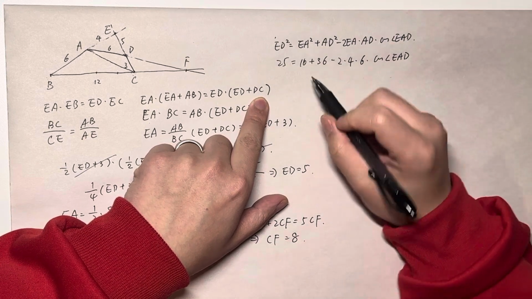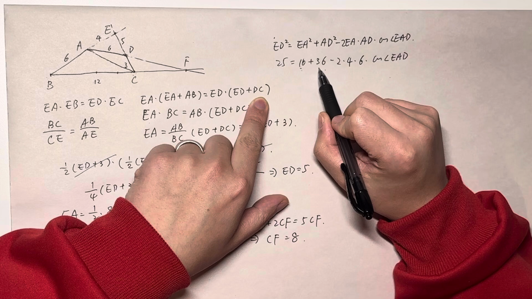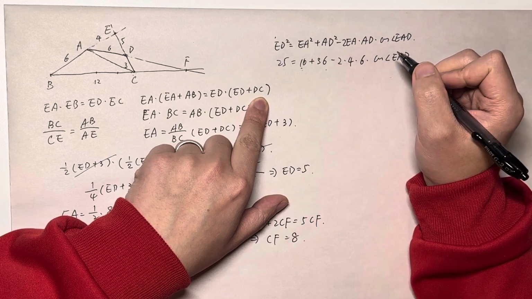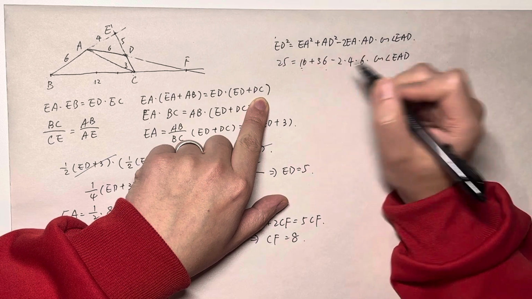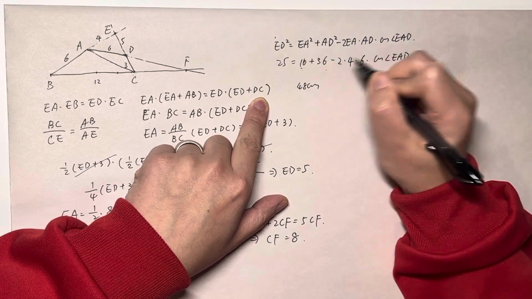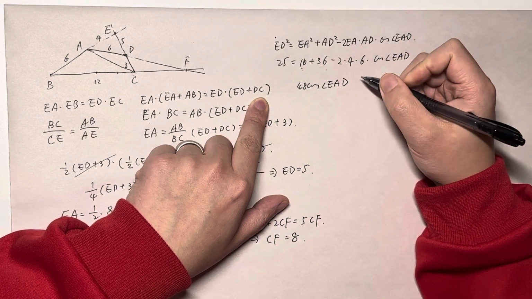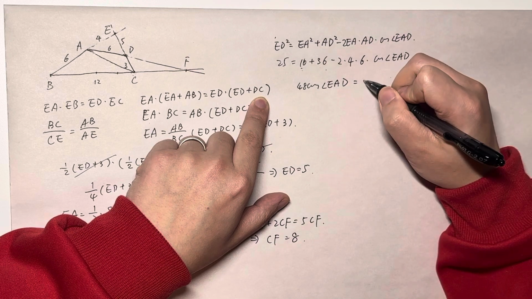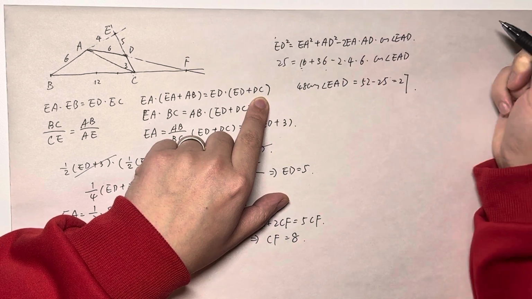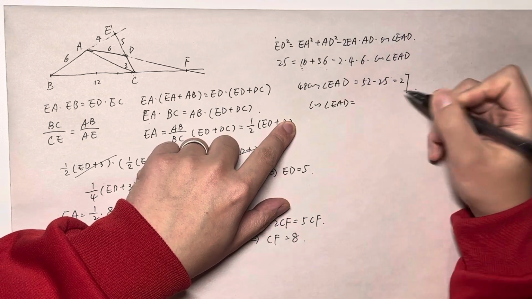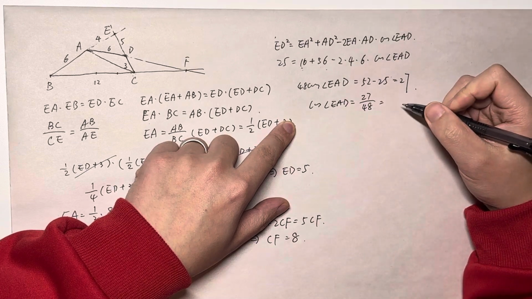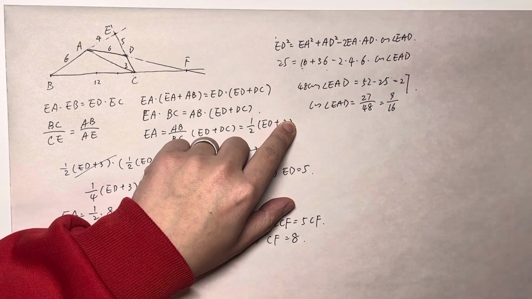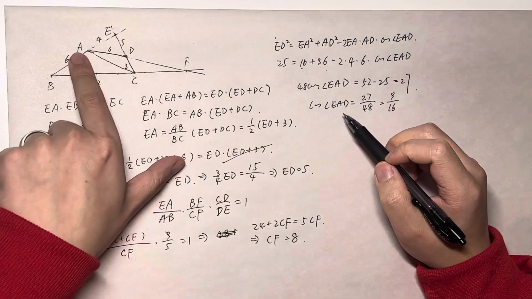So this is 52, and we have cosine angle EAD equals 27 by 48, which is 9 by 16. That's cosine EAD.